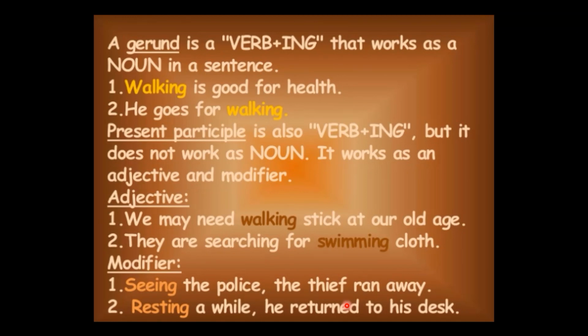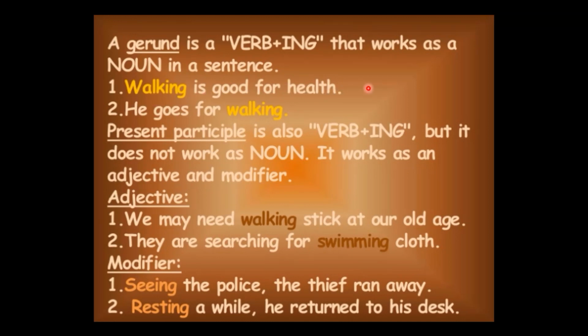Then what are the differences? Let's see. This is a very important point, so focus on it: a gerund is verb plus ing, and it works as a noun in a sentence. Where the ing form verb is acting like a noun, it is a gerund. For example, walking is good for health.